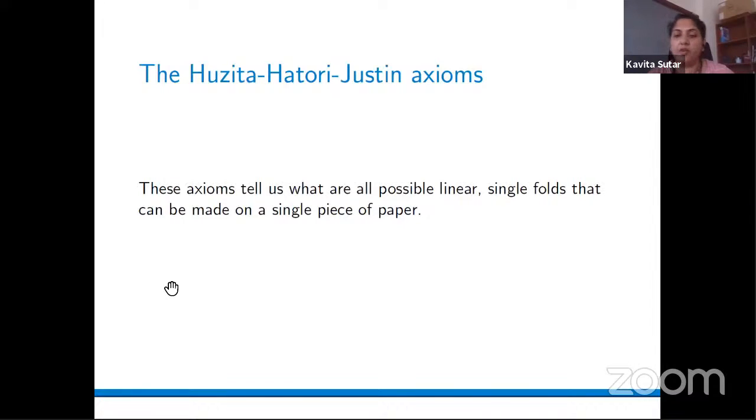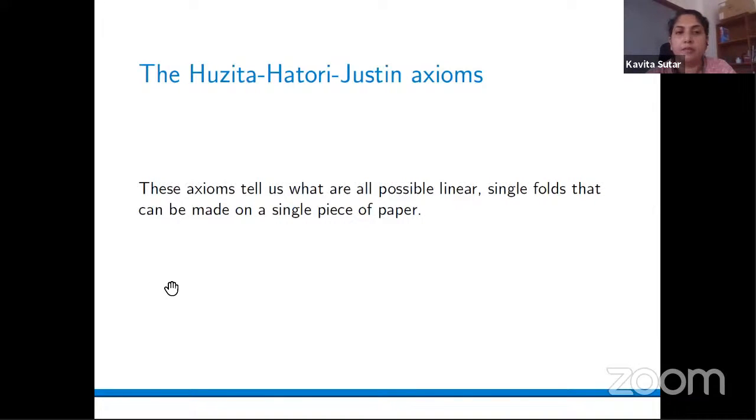In Euclidean geometry you have lines and points, but in origami you will have points and folds instead of lines. You will be folding along lines, but you will be talking only about folds. So what are the self-explanatory statements that explain all kinds of folds in origami? That was the question.